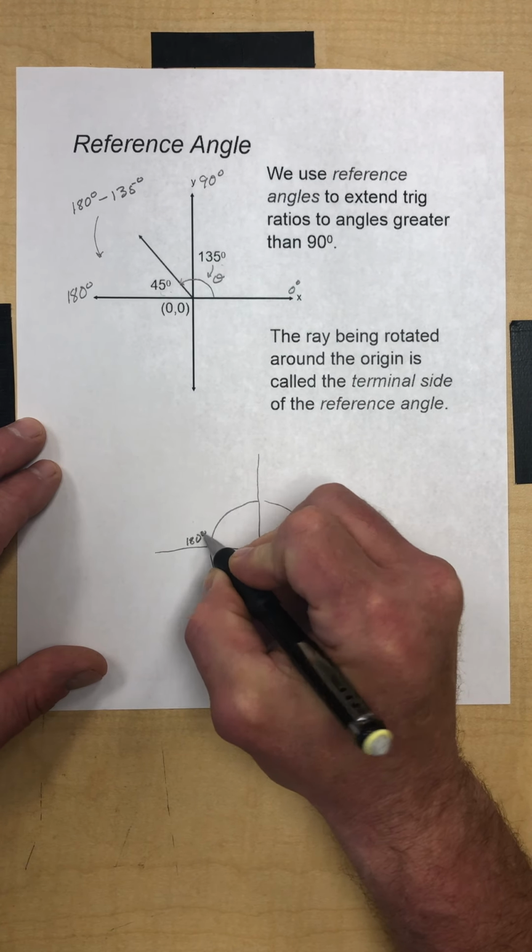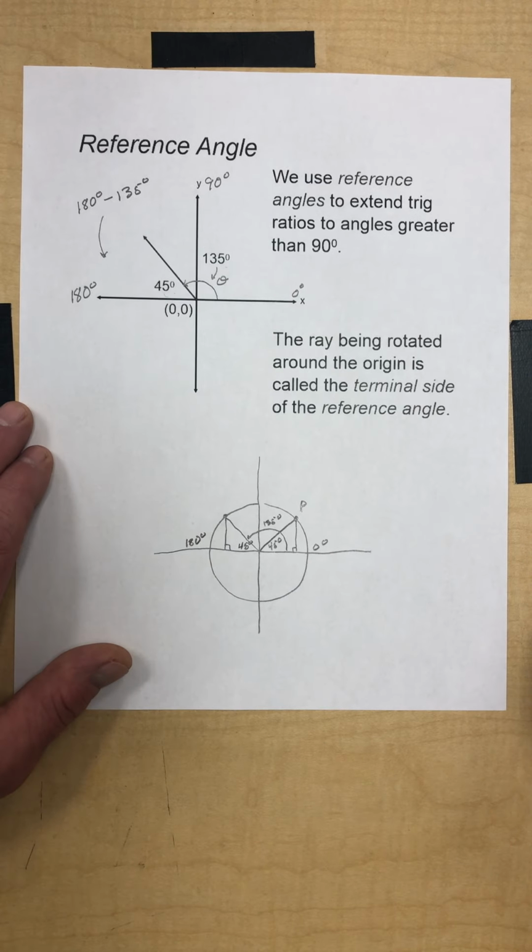And notice, this is a 45, 45, 90, and this is a 45, 45, 90. So this guy here is just a reflection of this guy. So if I had this point, whatever you call point P right there, well, this point right here would be a reflection of that. So we would have the exact same coordinates, except we would just account for the fact that we're in quadrant 2 rather than being in quadrant 1.